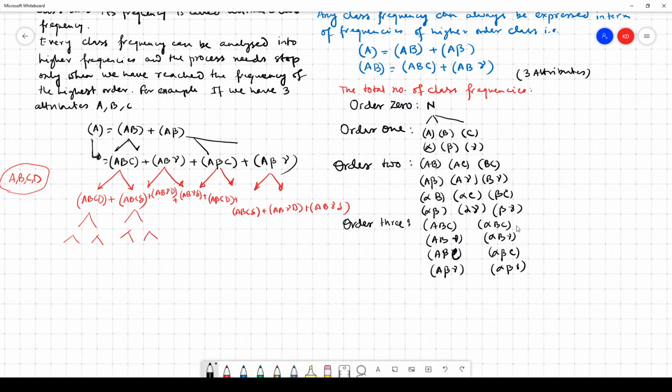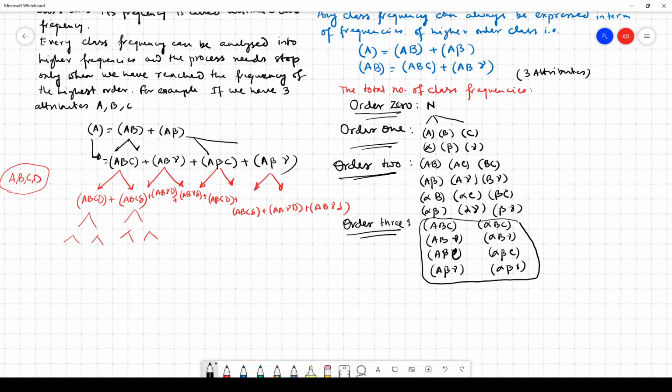So this is for order 3, this is for A. So these are order 3, these are order 2, this is order 1, and this is order 0. So if you have 3 attributes, we can partition this out.